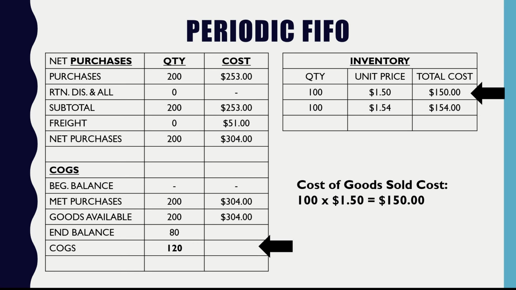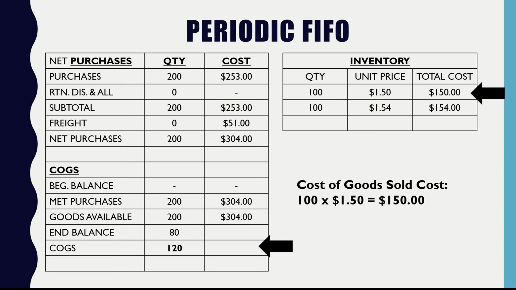The $1.50. The $1.50, correct. So in this case, I only have 100 items in my $1.50 batch, so I know I'm going to get rid of the whole thing. 100 times $1.50 gives me a total of $150. But I sold 120 items, so I still have 20 more items to sell.